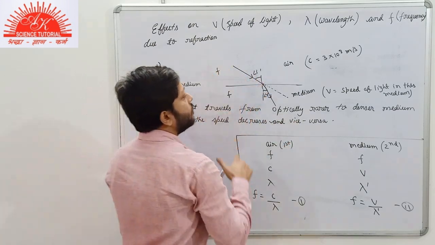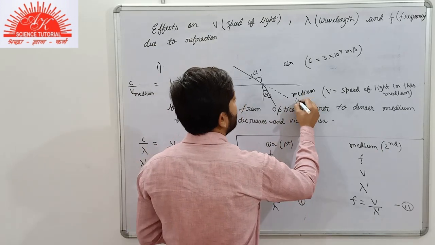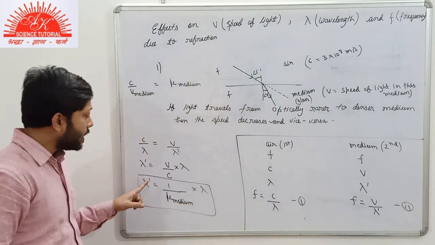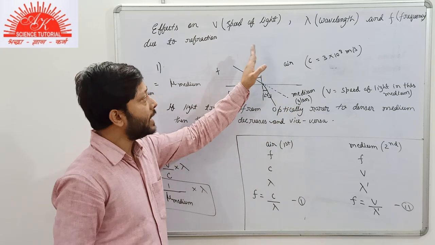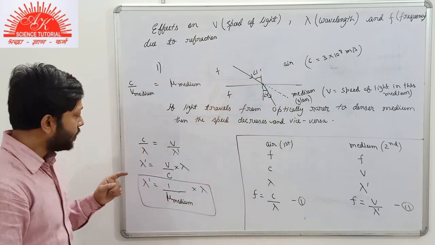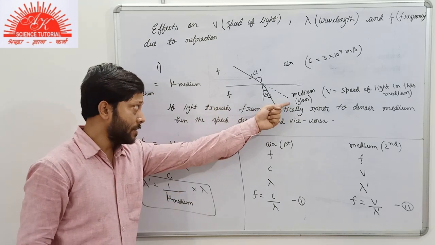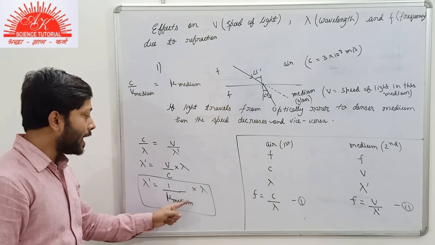Suppose we take an example here. If the medium is glass and we are asked to find the wavelength of light in glass, when the light ray enters from air to glass, it is equal to lambda by mu medium.